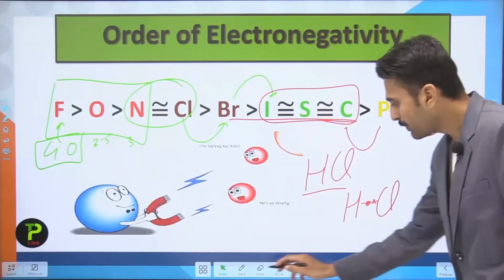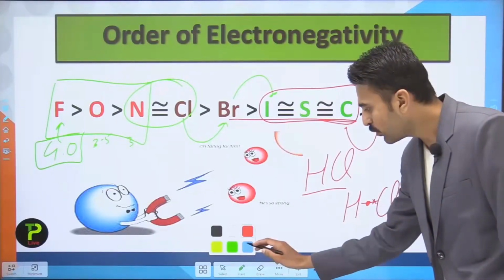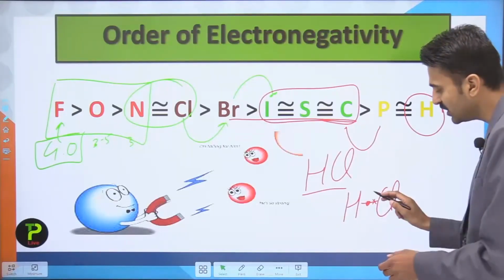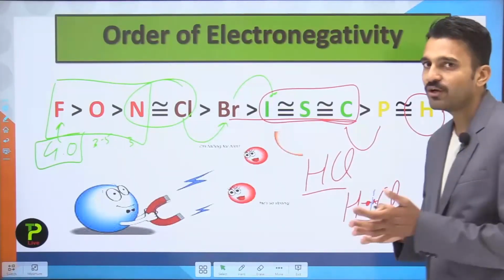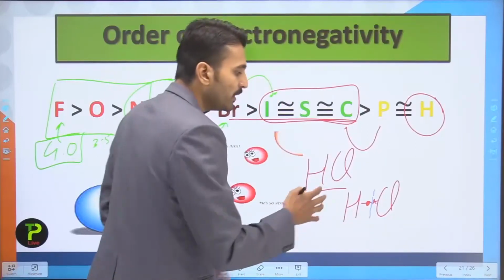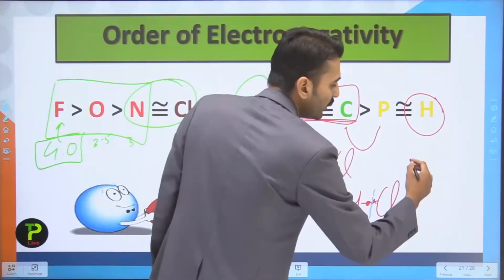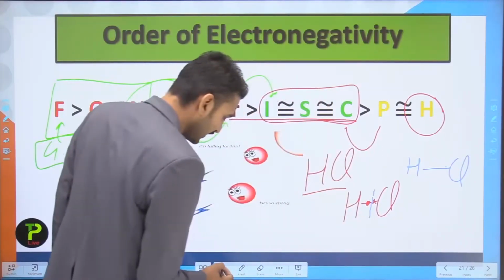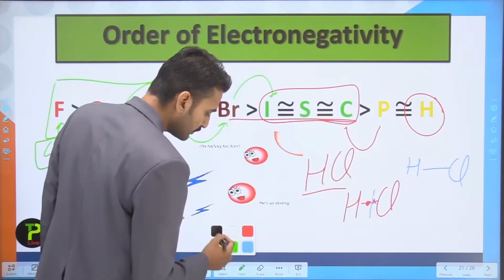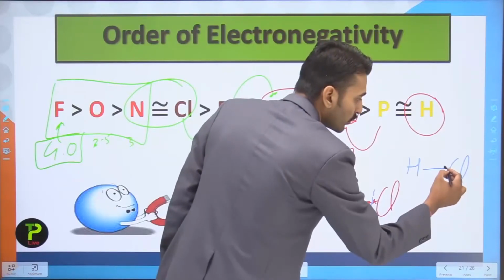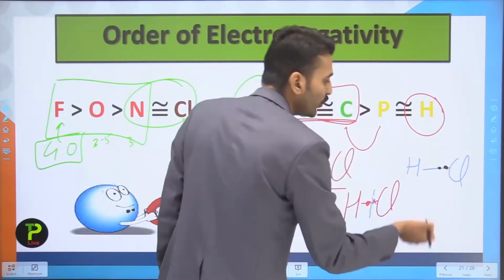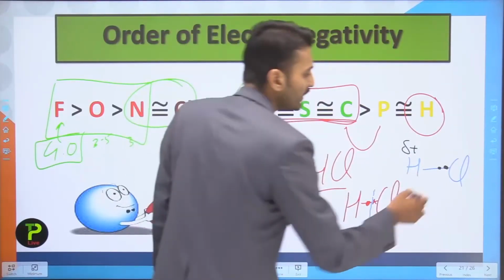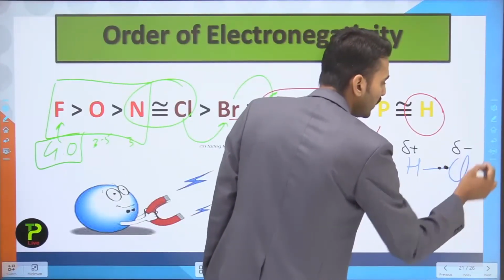So what happens when the electronegativity of chlorine is higher than that of hydrogen? This electron which is shared mutually between hydrogen and chlorine is now pulled towards the chlorine. It will form like this, and the electrons that are present here would be pulled towards the chlorine, due to which hydrogen would acquire a partial positive charge and chlorine would acquire a partial negative charge.